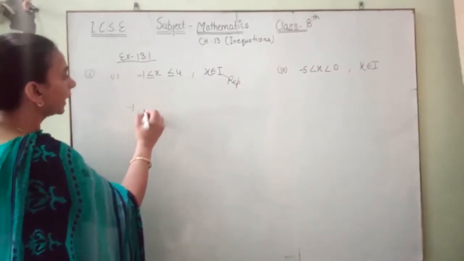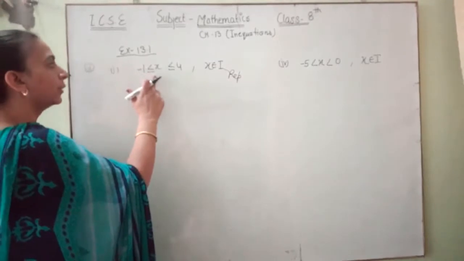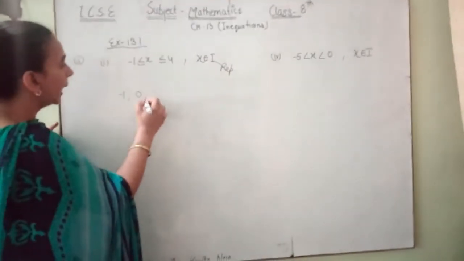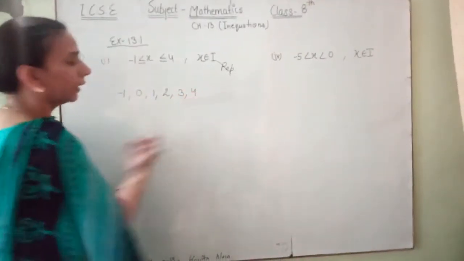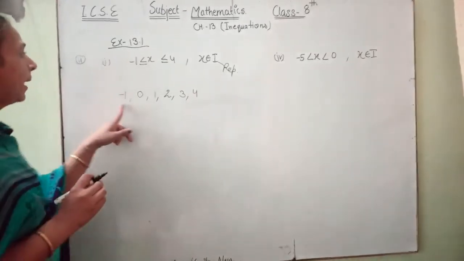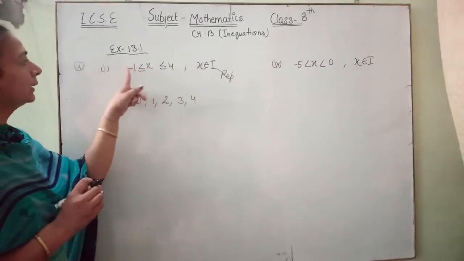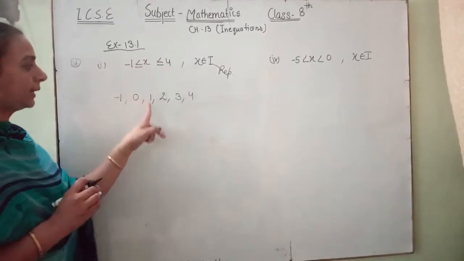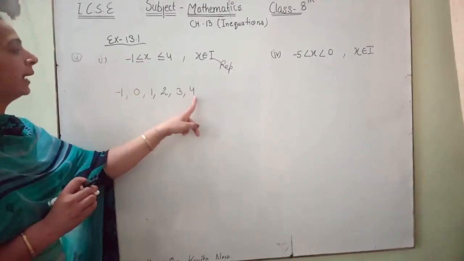Again, if we take 0, student, this shows that x is greater than or equal to -1, so 0 is greater than -1. Again we take 1, again 2, again 3, again 4. Student, -1 is equal to x and less than 4. 0 is greater than -1 and less than 4. 1 is greater than -1 and less than 4. 2 is also greater than -1 and less than 4. 3 also, and 4 also greater than -1 and equal to 4.